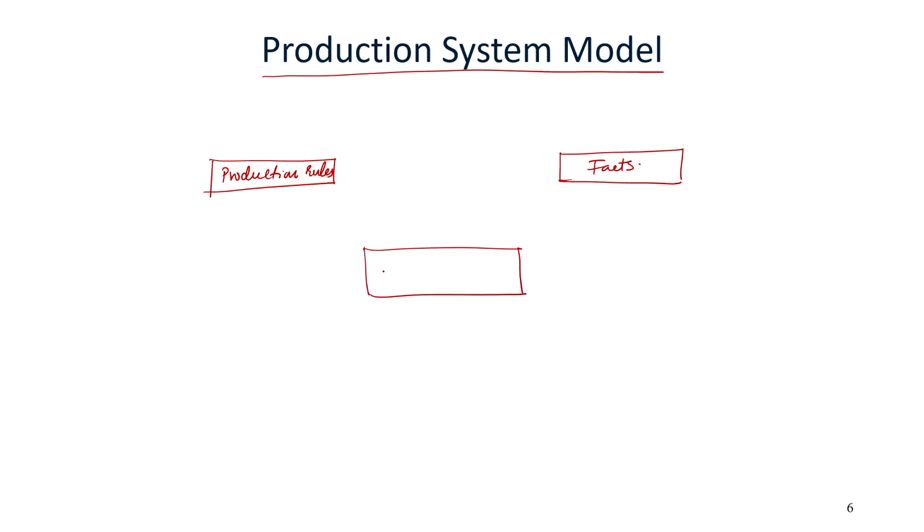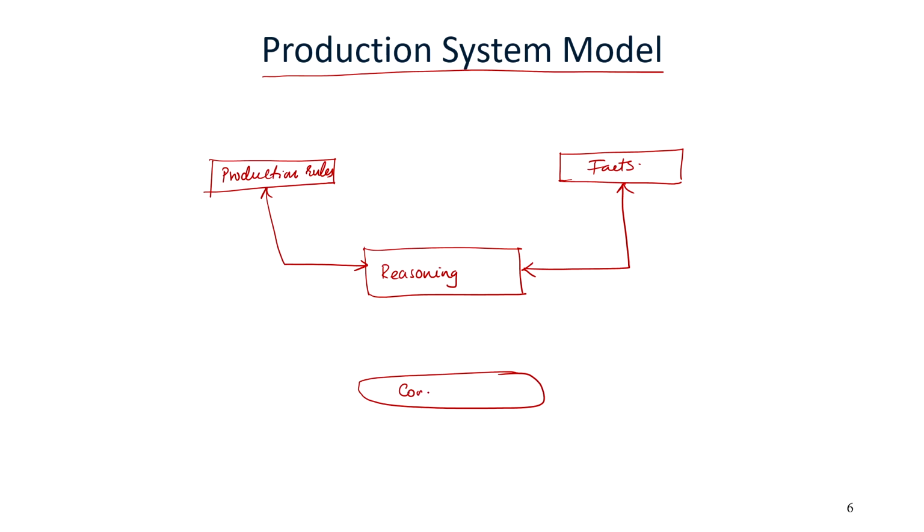You have production rules, and you have facts. And we create reasoning. The reasoning uses both the production rules and the facts, and from there we create what we call the conclusion.